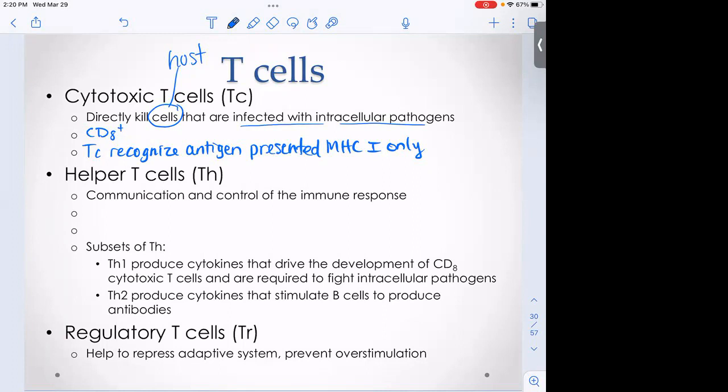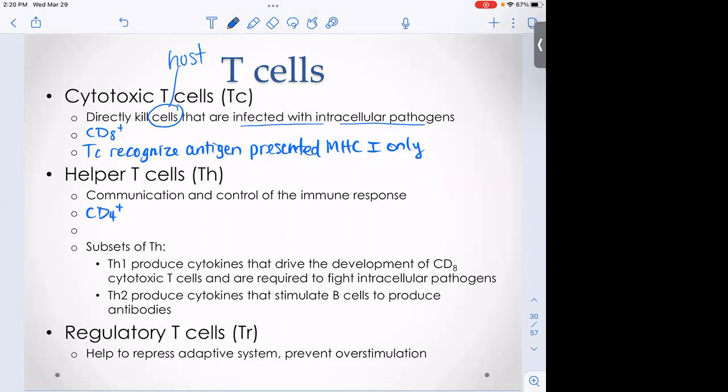So we'll talk about how those are activated, and what they actually do when they're activated. How do they kill our host cells? Helper T cells, I think I said they're the general in charge of the entire immune response. They have a CD4 glycoprotein on the surface.